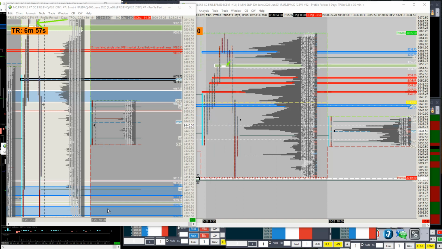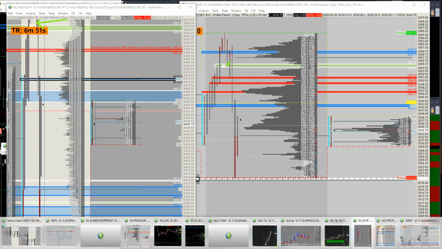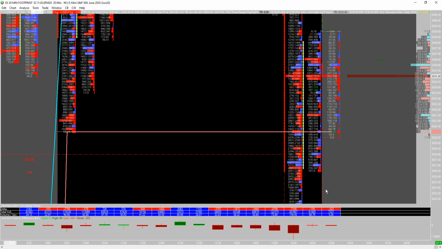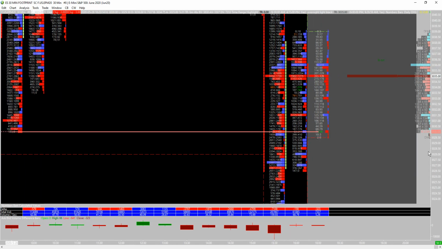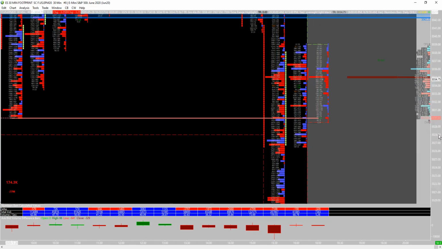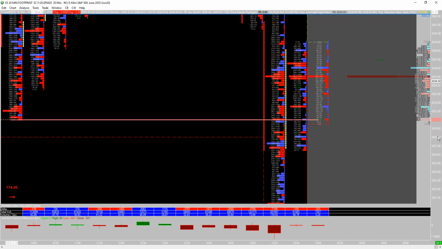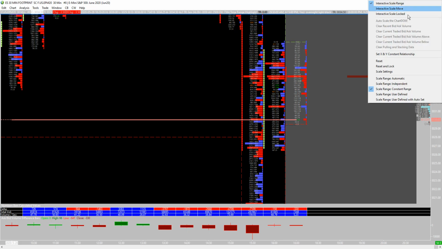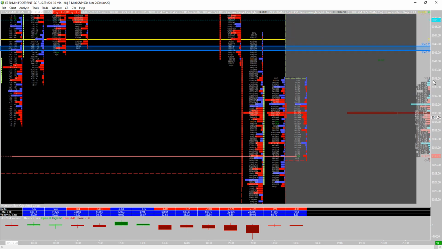I also want to maybe go over my 30-minute, what is this? This is my 30-minute, I'm looking for my words here, 30-minute footprint on the ES. I actually have several 30-minute footprints on the ES.